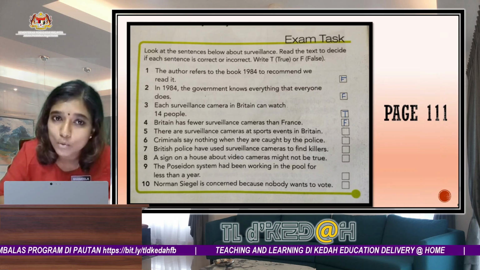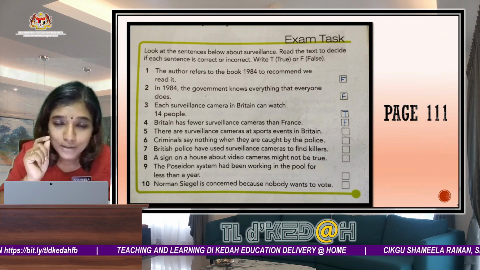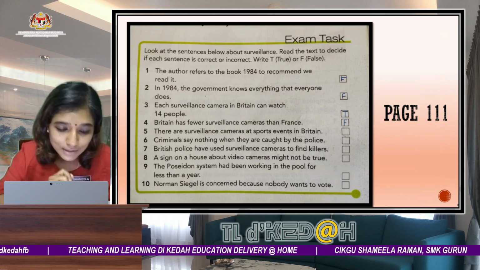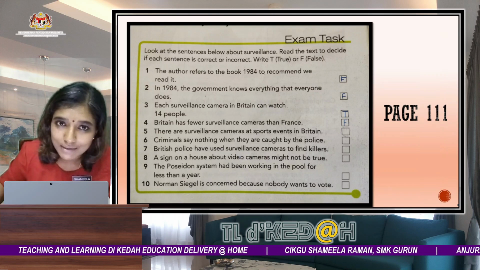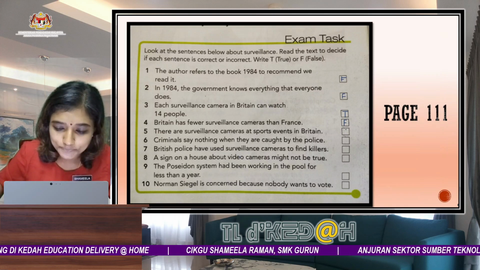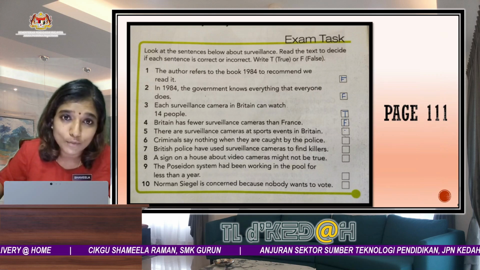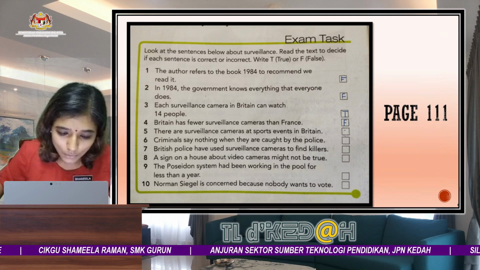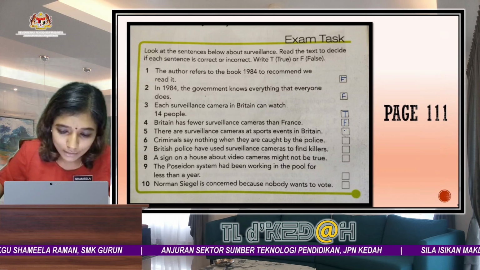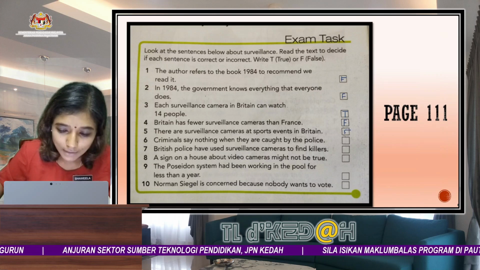We can only go back to the text for the details, okay? That is why your opinion is very important, yeah? You do it based on the text. Yes, they mention the boys swimming, but it's not a sports event. It's just a swimming pool. So this is false.